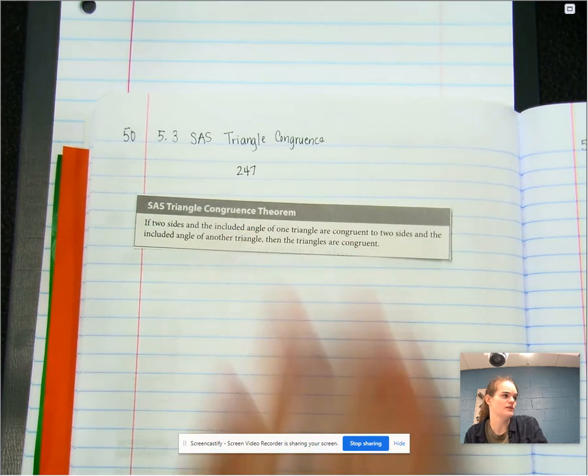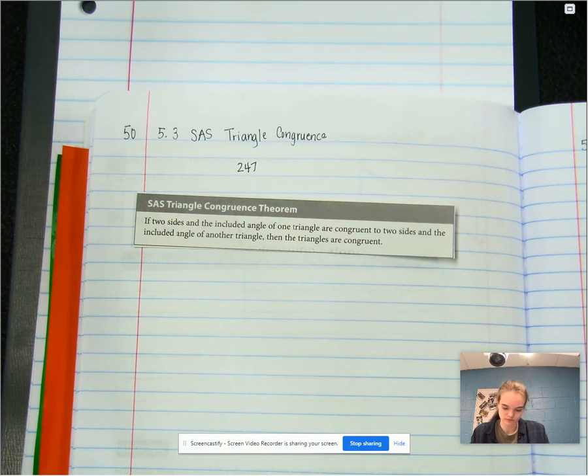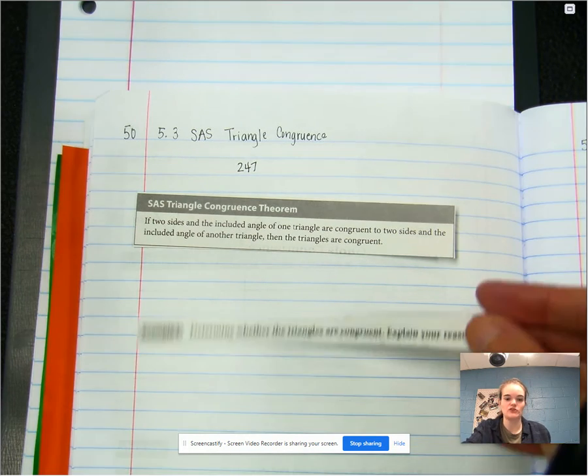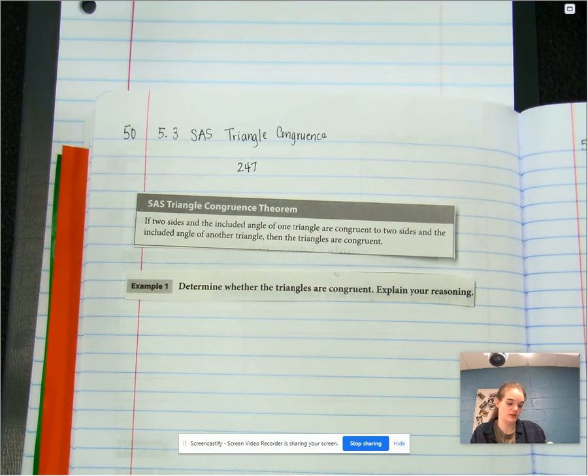So the first thing you need is the actual theorem. Then you need the instructions. Could have written those, but anyway.